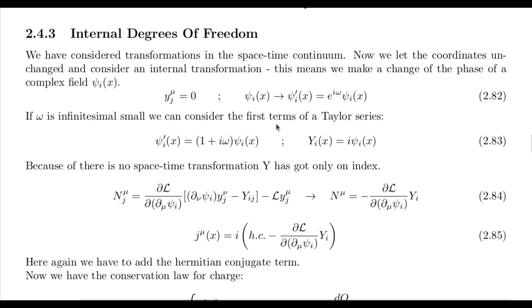And so we can write a Taylor series, or the first terms of a Taylor series, the first two terms. Then we have this here, means 1 plus i omega psi. 1 is the old one, plus i omega psi, that is the change of the wave function, we can say.